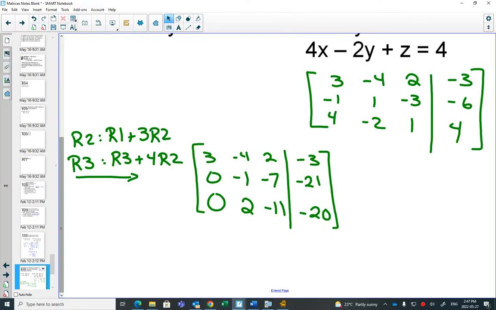Now, the other day when I was going around checking on people, this one is the next 0 that you need to make, whether you're doing the Gaussian Jordan or the Gaussian. And this sometimes causes problems.